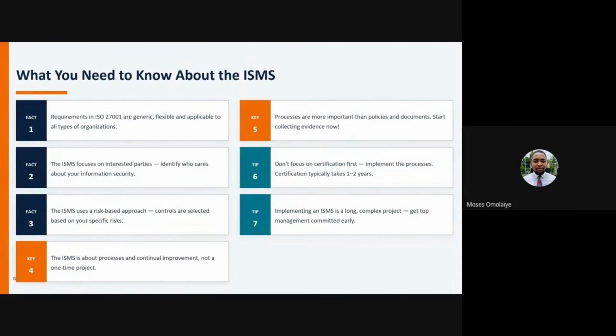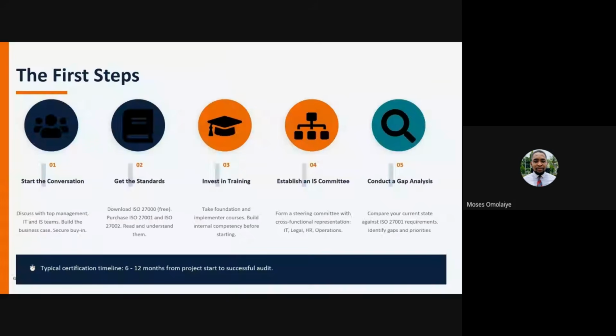And then tip 7, implementing an ISMS is a long, complex project. So get the top management commitment early, so nothing comes in the way. So what are the things you need to do for the implementation? You start the conversation, you discuss with top management and the appropriate people, get their buy-in, and you get the standard.